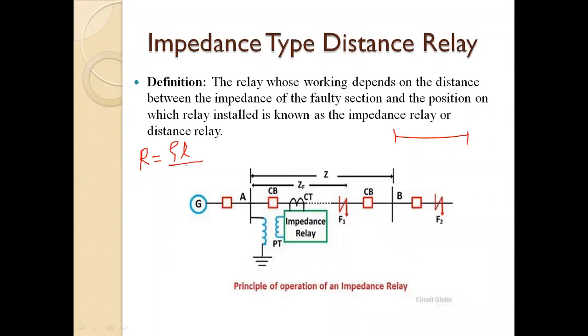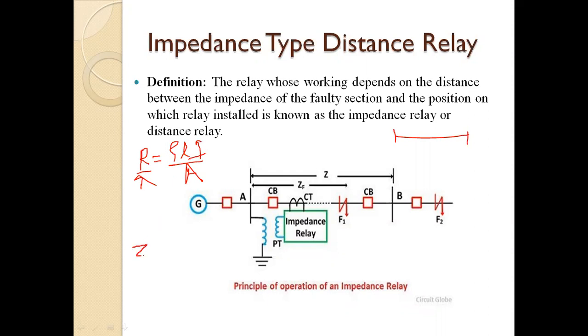R is equal to rho L divided by A. It means that your resistance is directly proportional to the length. Means if your resistance increases, your length also increases. The same principle is used here also.